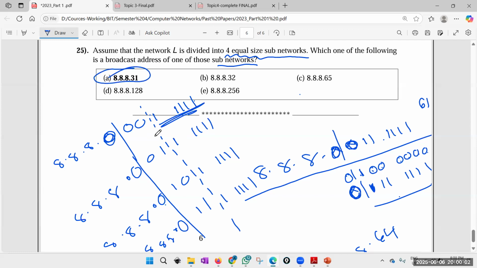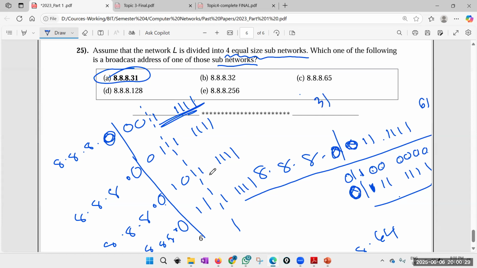Okay, 31. But let's see whether any other answer is there, but it can't be. What about this? 1, 2, 4, 8, 16, 32, 64, 64 minus 1 is 63. No 63 answer. Nothing. What about this? 1, 2, 4, 8, 16, 32. 32 minus 1 is 31.